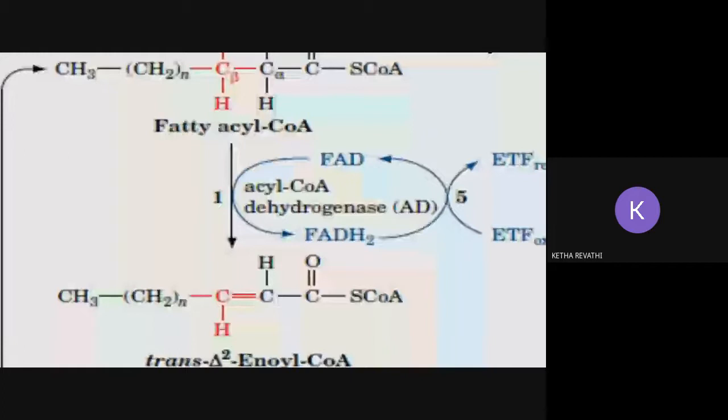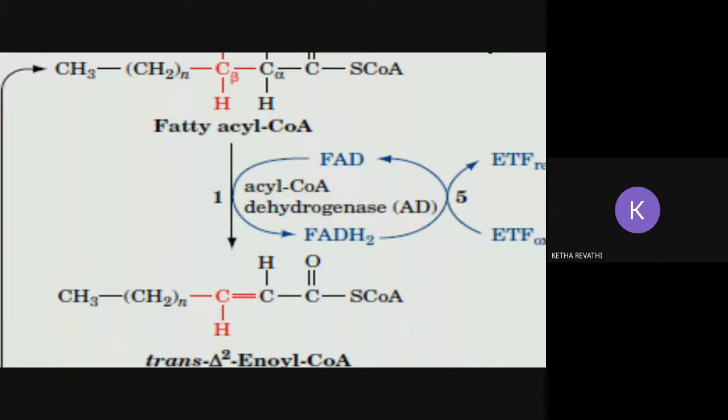Automatically FAD is reduced into FADH2. Here FAD is a coenzyme. Fatty acyl CoA is a substrate. When the substrate undergoes oxidation, simultaneously the coenzyme undergoes reduction. That's why these reactions are called redox reactions, or reduction oxidation reactions. That means reduction and oxidation take place simultaneously. Understood?